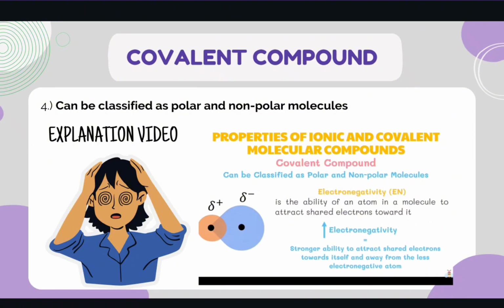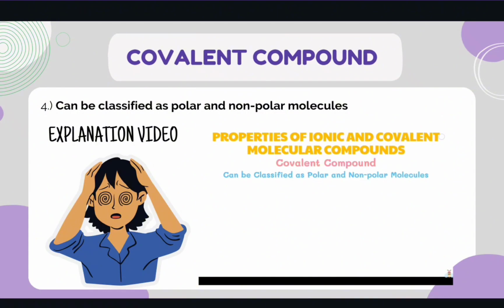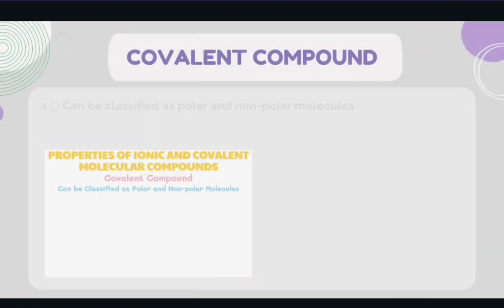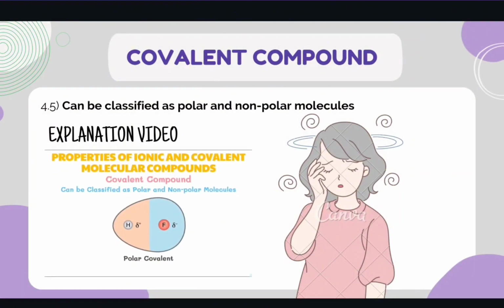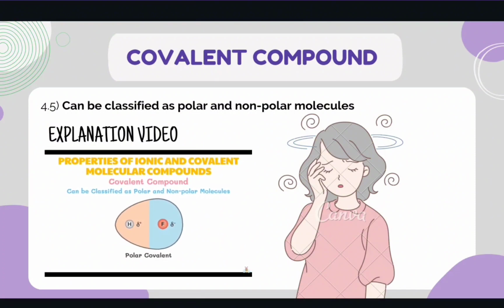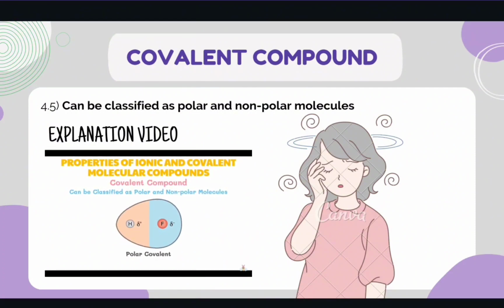The electrons are not shared equally, and part of the molecule carries a partial positive charge, while the other part carries a slight negative charge, creating a dipole. For instance, the covalent bonding between hydrogen and fluorine.